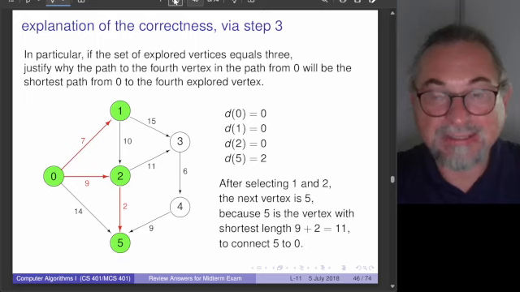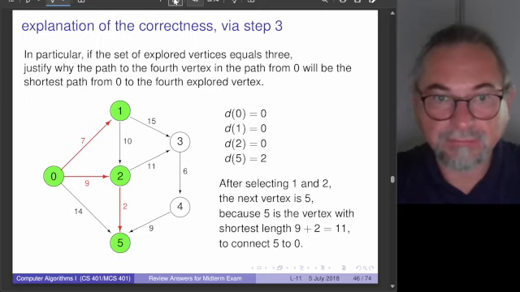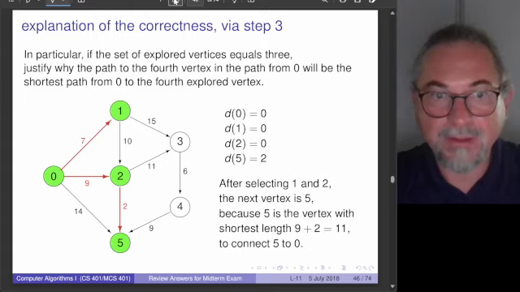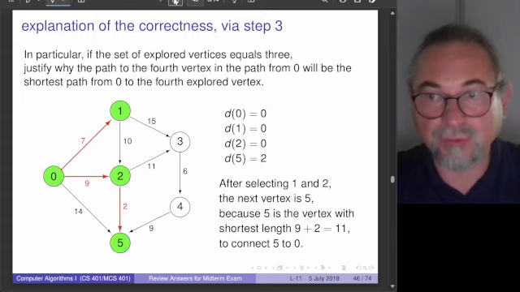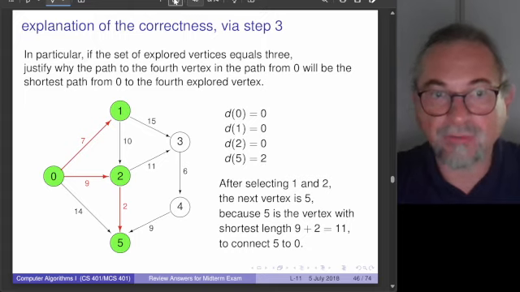But you can see that the shortest length is 11. If you would have picked 3, then 3 is connected with distance 11 and 15, and that is connected to 1 and 2, and we are interested in the shortest path to 0. So the path from 3 to 0 would have been at least 20.